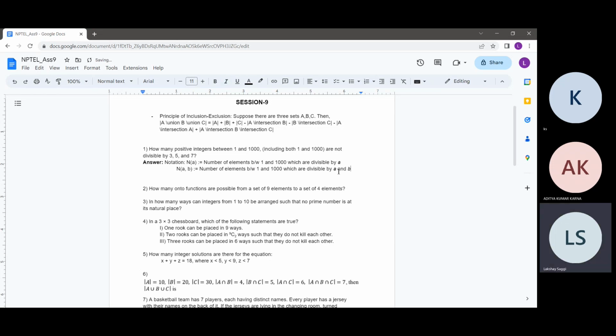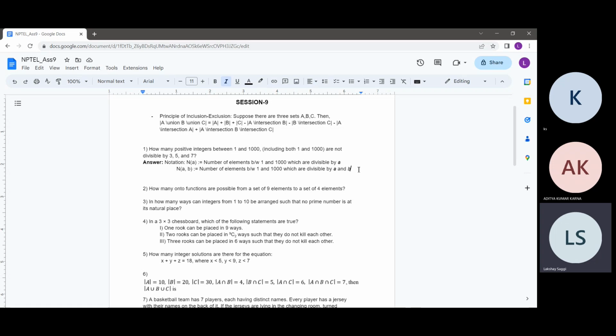Why am I breaking this down? I actually need to find the numbers which are not divisible by 3, 5, and 7. But I'm breaking it down into the number of elements which are actually divisible by 3, or divisible by 3 and 5. It's easier to calculate the numbers divisible by 3 between 1 and 1000.